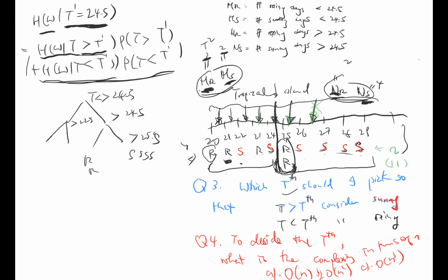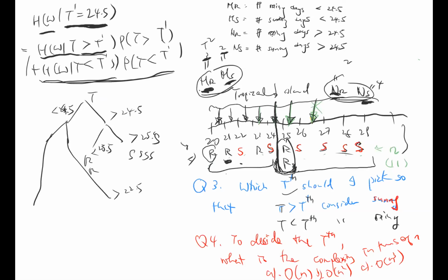Maybe I write it like this: this is bigger than 24.5, this is less than 24.5. Here I can split, this is less than 25.5. Here I can go less than 24.5 but bigger than 22.5, right?